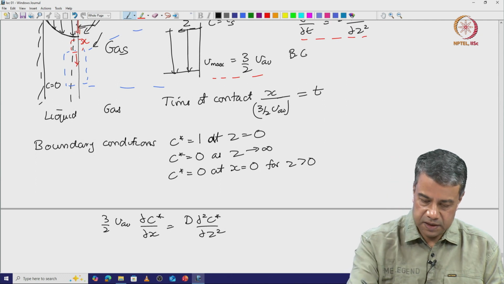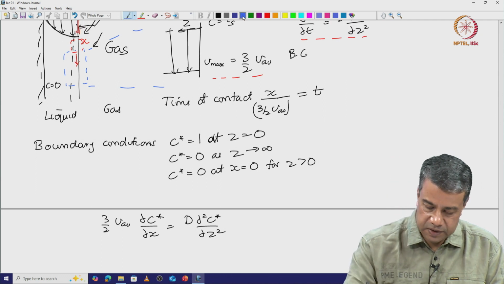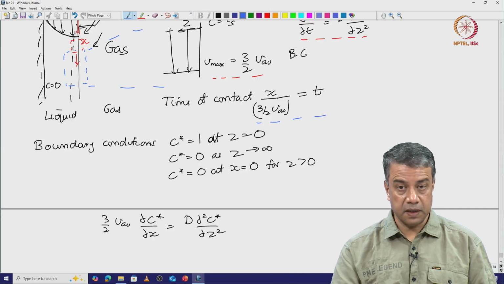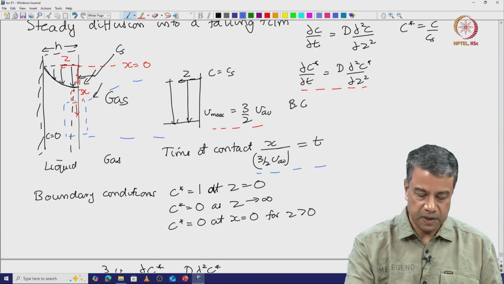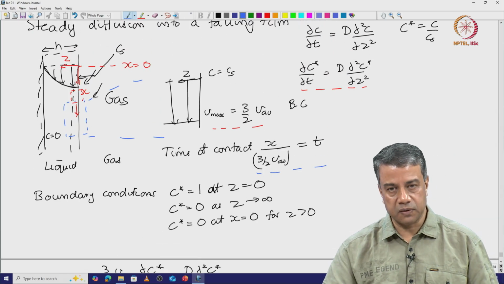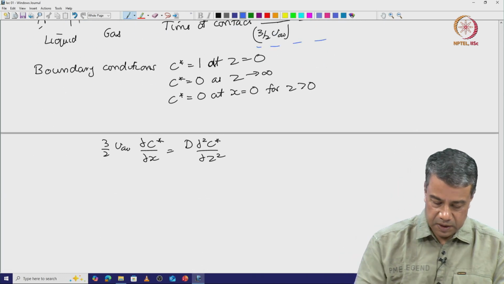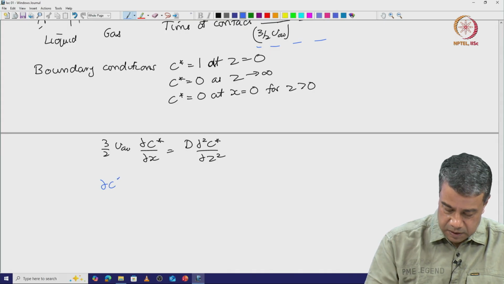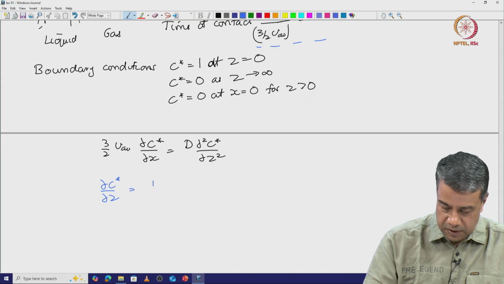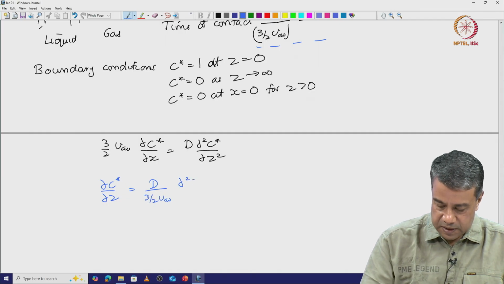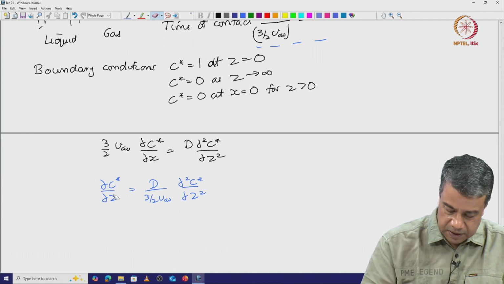I have just done this identification and I have assumed that the V average is a constant, as it should be in the region where you have a maximum velocity of the film, where the velocity is approximately equal to V max, so that V max is equal to 3 by 2 V average. So, I get partial C star by partial x is equal to d by 3 by 2 V average partial square C star by partial z square.